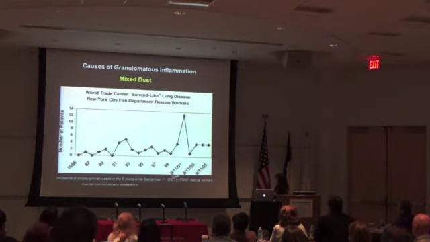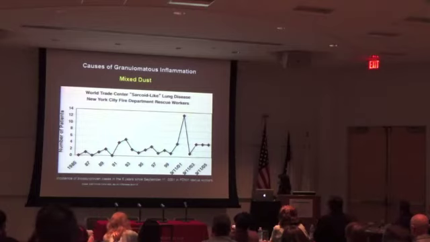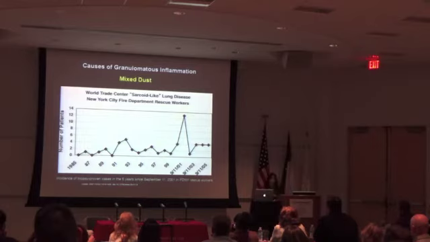In the years after the 9/11 disaster, there was a spike in the incidence of sarcoid-like disease among these workers, which then dropped down to a lower level, but you notice it's still not at baseline, it's still somewhat elevated. So they are at risk because of their exposure to just dust of all kinds.